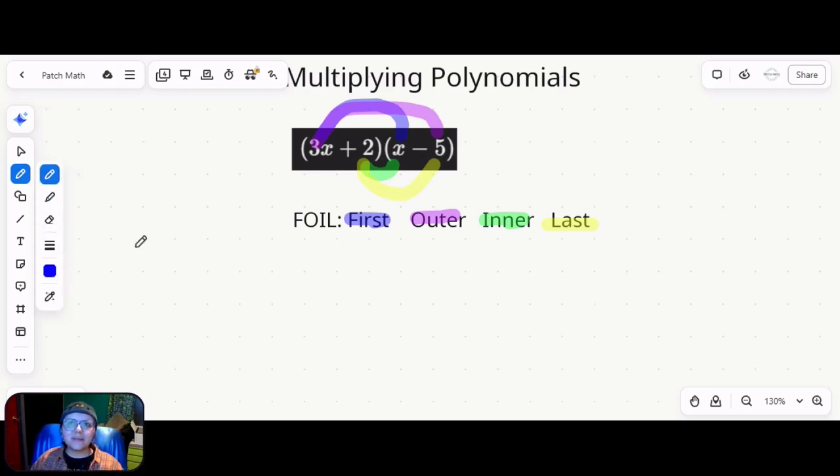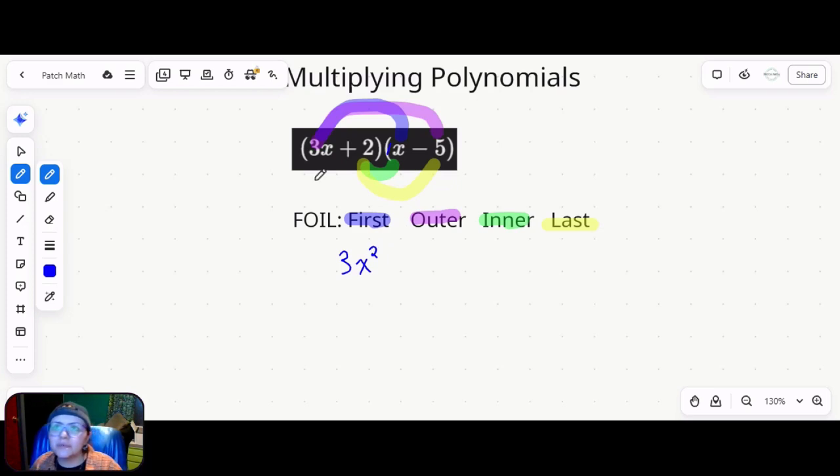So real quickly, 3x times x, the 3 times the invisible 1 in front of that x is 3. X times x, well, that's a repeated x. Repeated multiplication is represented with an exponent, and x times x is x squared.